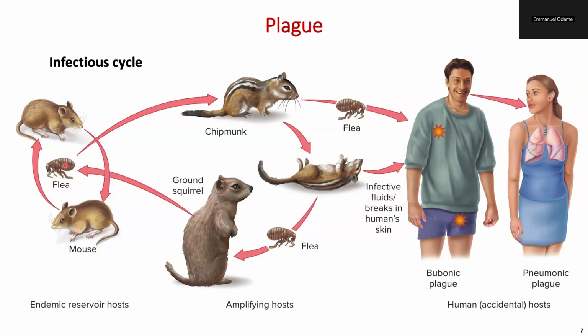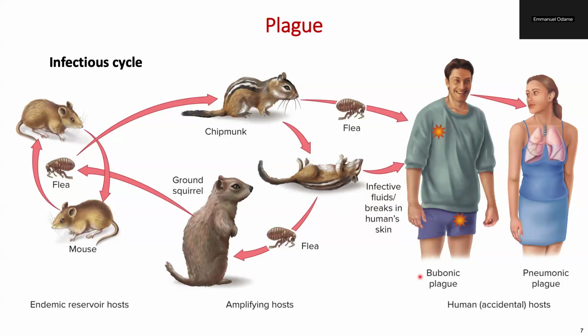Then you can have fleas, which will infect a chipmunk. The chipmunk dies, and then the flea picks it up again and sends it to another amplifying host, such as the ground squirrel, and then the ground squirrel will also have the flea, and the cycle continues. Or from the chipmunk, you have a flea which can then also be a parasite to humans.